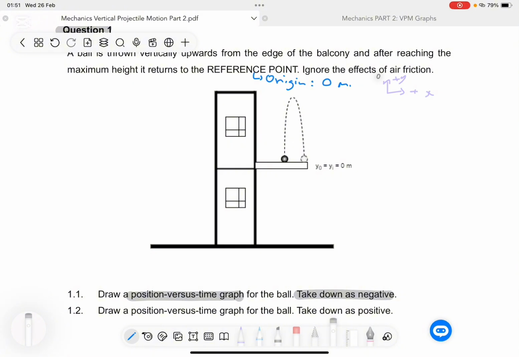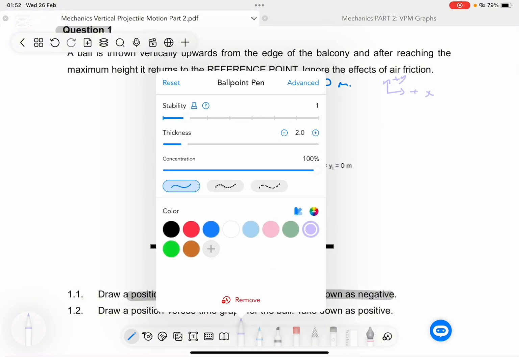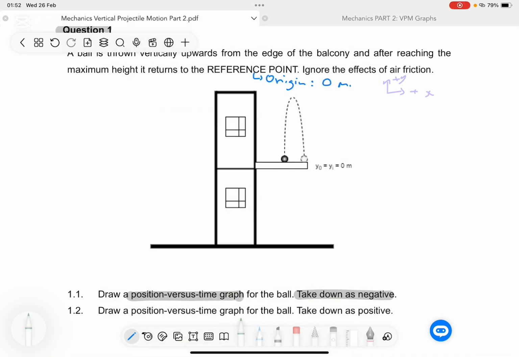If I focus my attention on the y-axis, because our projectile moves up and down, in the vertical direction, I am able to draw an enlarged frame of reference just like I did there, where this is the positive direction and this is the negative direction because we're saying down is negative.